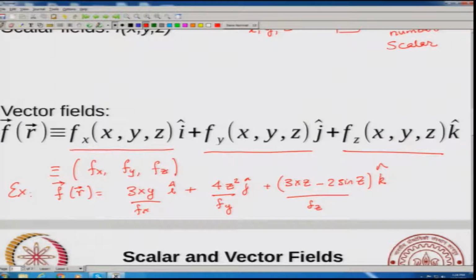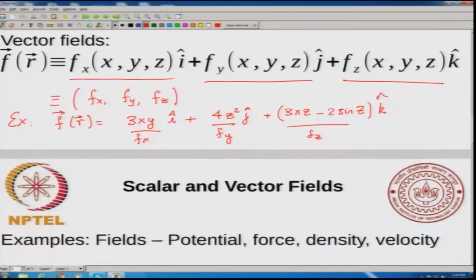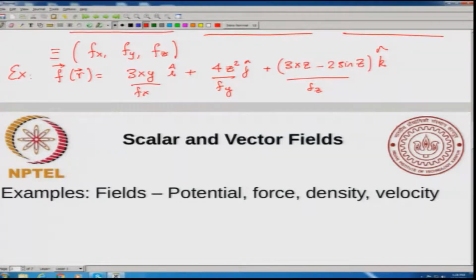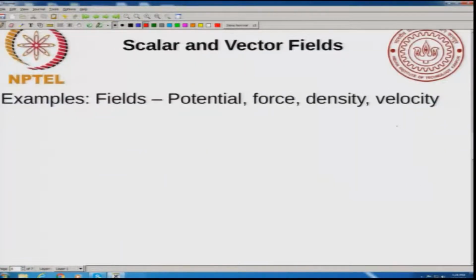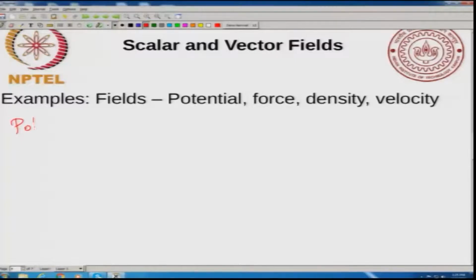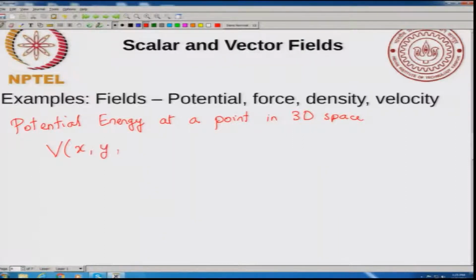So these are 2 ways you can define functions of vectors. Okay. And now we have these scalar and vector fields, and where do you see these? The most common example of scalar and vector fields which you will encounter is in potential theory. So, the potential energy at a point in 3D space is written as V of x, y, z.